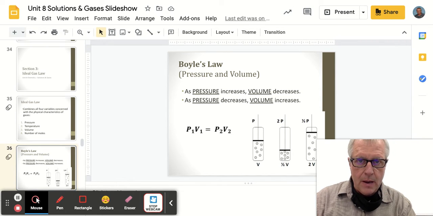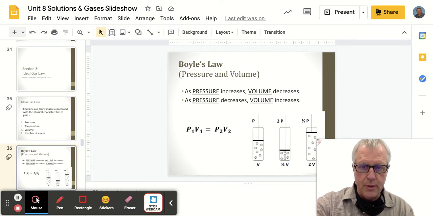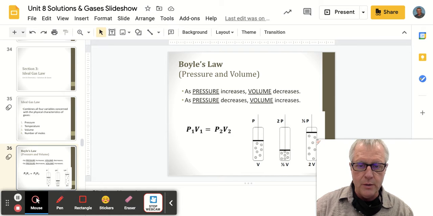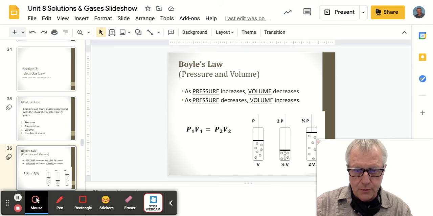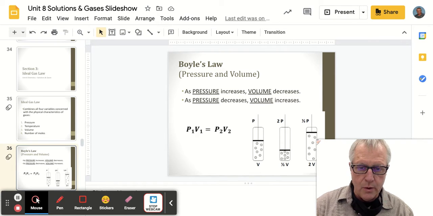Now, there is a principle about gases called Boyle's law. The equation is the first pressure times the first volume equals the second pressure times the second volume. The relationship is that if the pressure changes, the volume changes. You think of the conditions before this happens and then the conditions after.